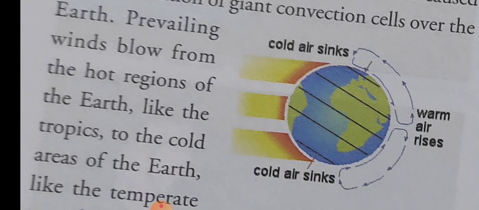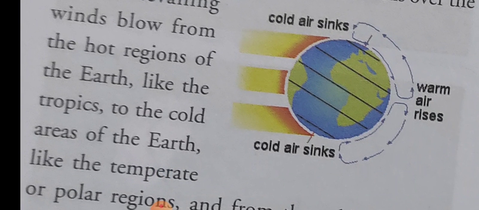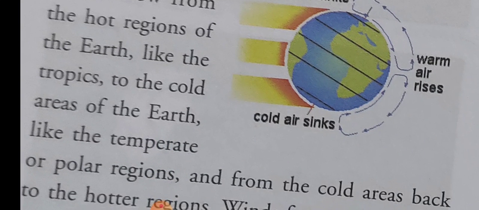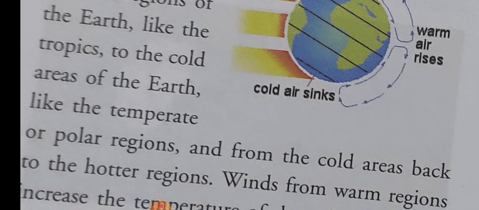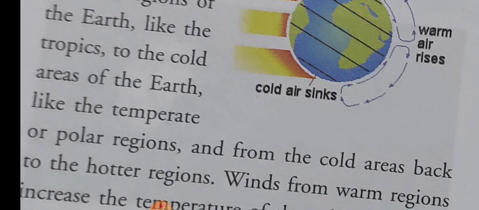They blow from the hot region of the earth, like the tropics, to the cold areas of the earth, like the temperate or the polar region. Means the prevailing winds blow from the tropics to the polar region, and from the cold area back to the hotter region.